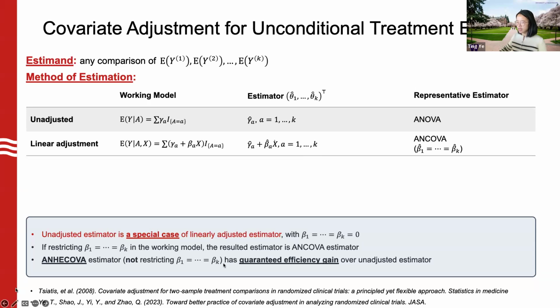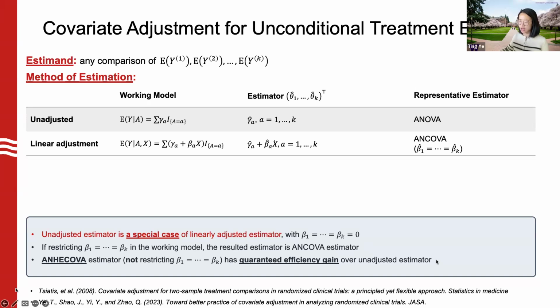So this ANHECOVA estimator also has nice theoretical property. It has guaranteed efficiency gain over the unadjusted estimator. So this means that even when the true outcome model is very far from a linear model, the ANHECOVA estimator will always be more efficient asymptotically than the unadjusted estimator.